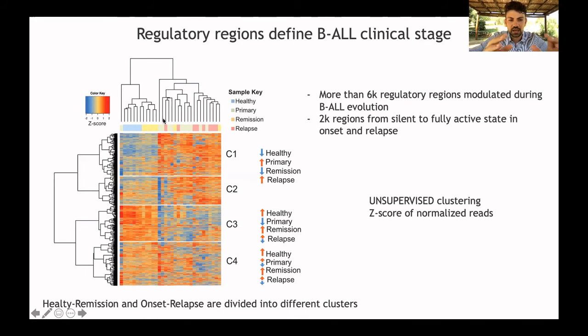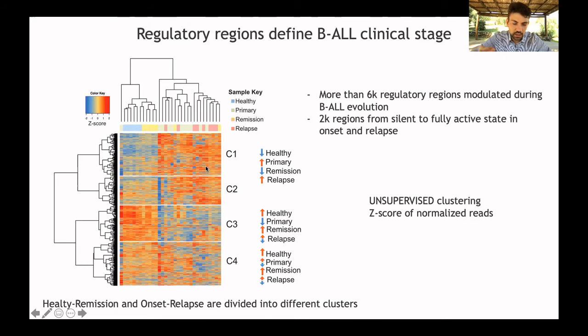We can see the population is split between the healthy and the remission, and then the primary tissues and the relapse in 2 different clades. And C1 and C2 were composed of 2,000 regions, which were silent in healthy and remission, and in an inactive state during the diagnosis and the relapse.